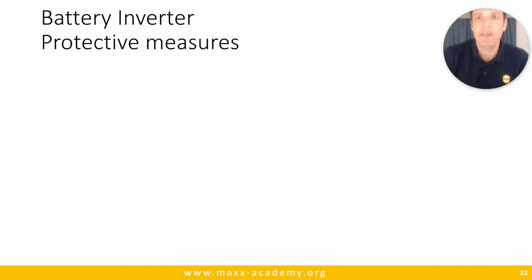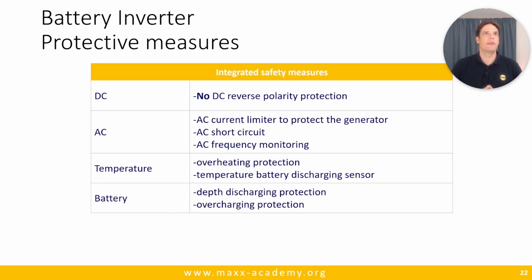Great, now that we've covered battery inverter types, standard system voltages, and inverter features and functions, let us have a look at protective measures. On the DC side, there's no reverse polarity protection, so be careful when connecting the battery to the inverter that it's the right polarity around, otherwise there will be no protection and it will break the inverter.